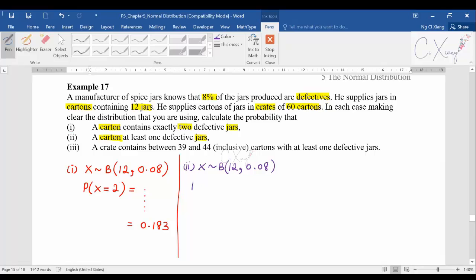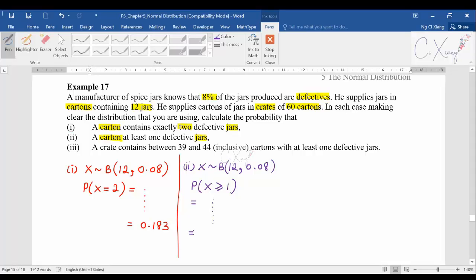For this example, they want you to get the probability for x greater than or equal to 1, at least 1. Then again, notice it cannot become normal distribution because n is not more than 30, so we cannot change. Then use binomial again to get the answer.